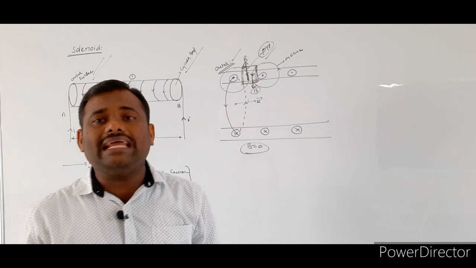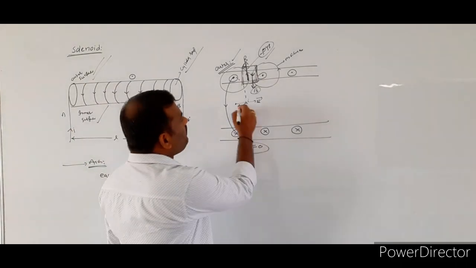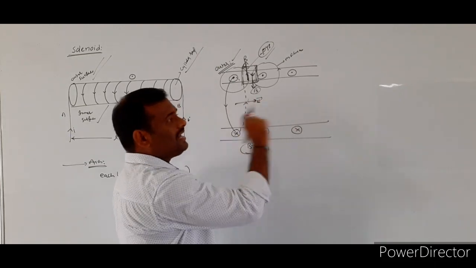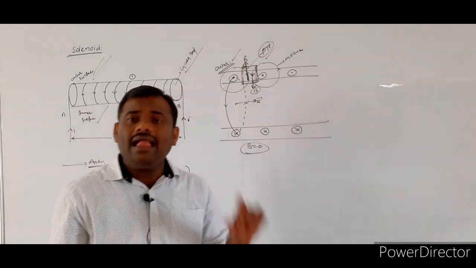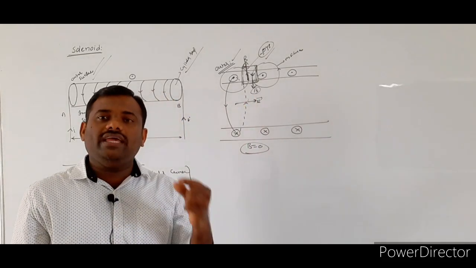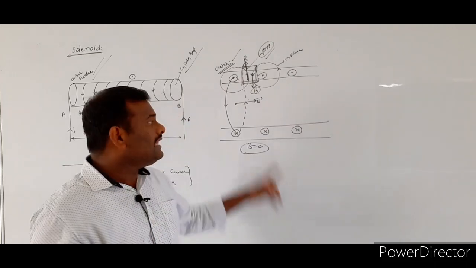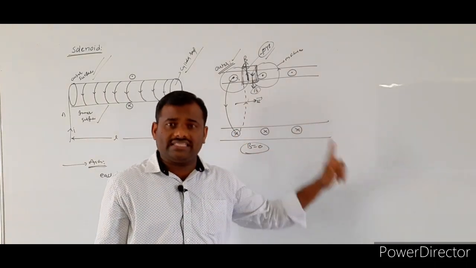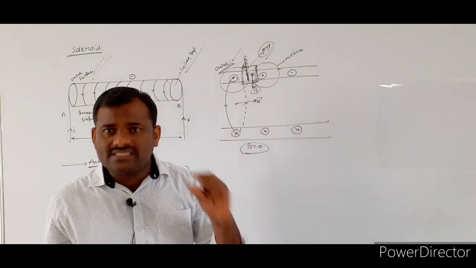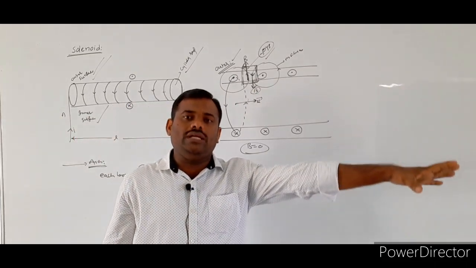Its direction will always act along the axial line. That means in the case of the solenoid, for each and every circular turn, the direction of the magnetic field must act along its axial line only.